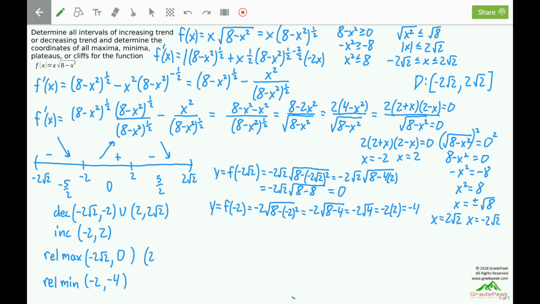It has an x-coordinate of positive 2 and a corresponding y-coordinate that can be found by plugging the positive 2 into the original function, which will be 2 times the square root of 8 minus 2 squared, which will be 2 times the square root of 8 minus 4, which is 2 times the square root of 4. The square root of 4 is a 2, so that comes out to a positive 4.